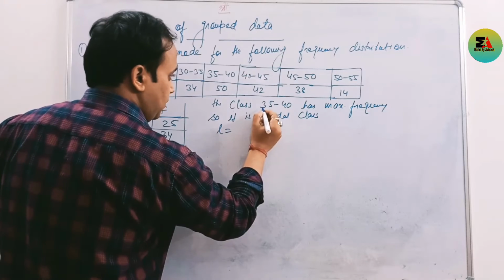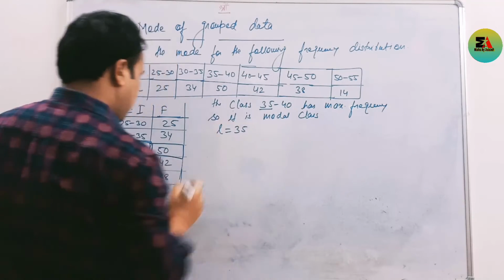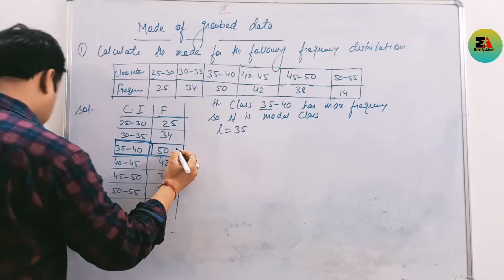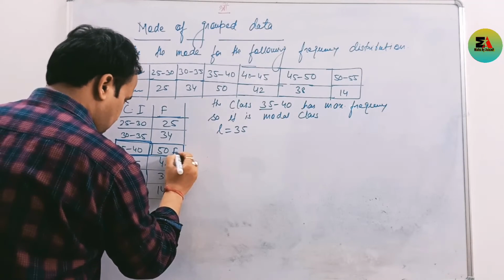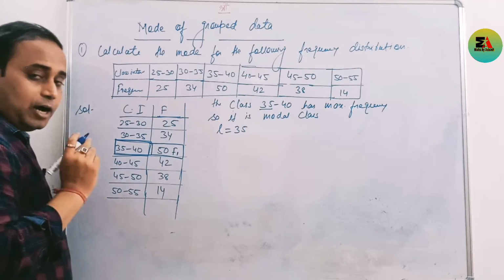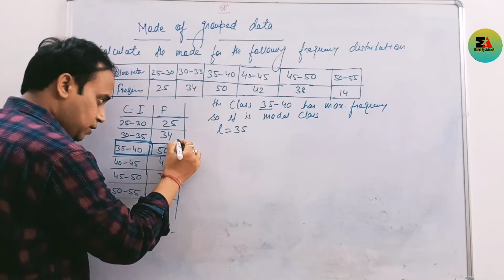Therefore our lower limit will be 35, and mark this as F1.